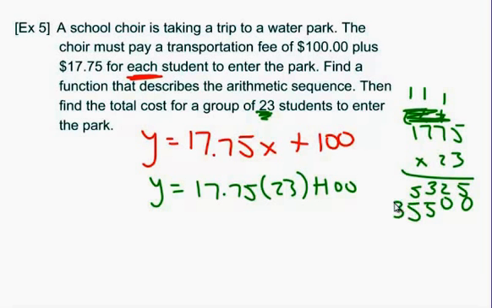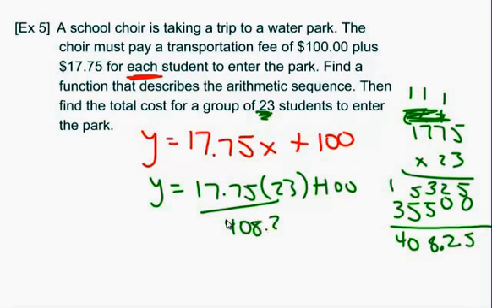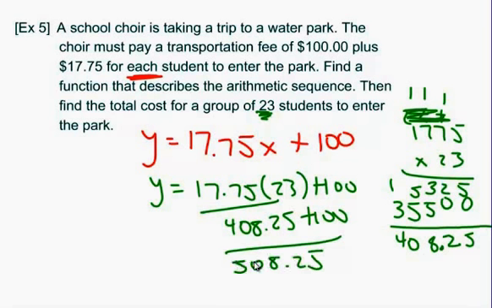Okay. All right, so now we add them together. And we put the decimal back in, right? There's 2 digits after the decimal, so there have to be 2 digits here after the decimal. So now you have 408.25 plus 100. And we add those together, and we would get 508.25. Now that's my number, but that's not my answer, right?